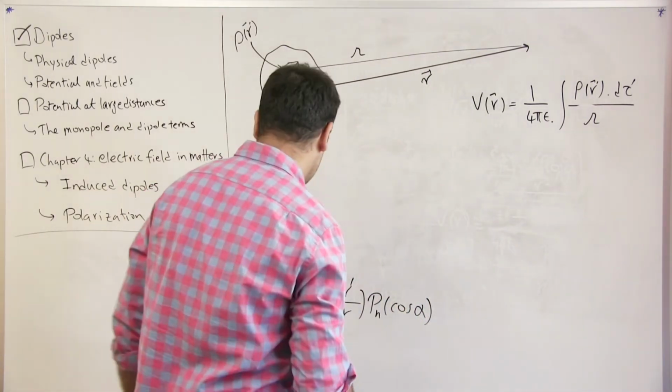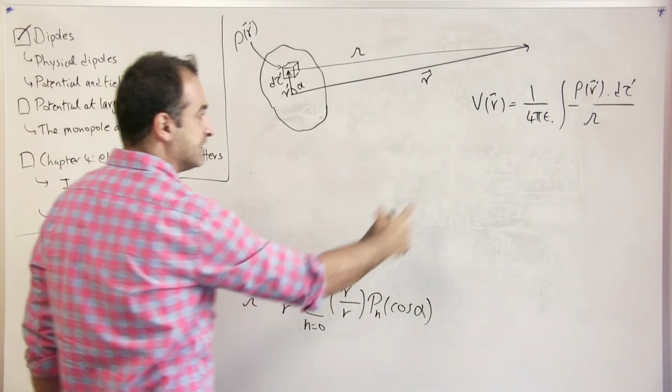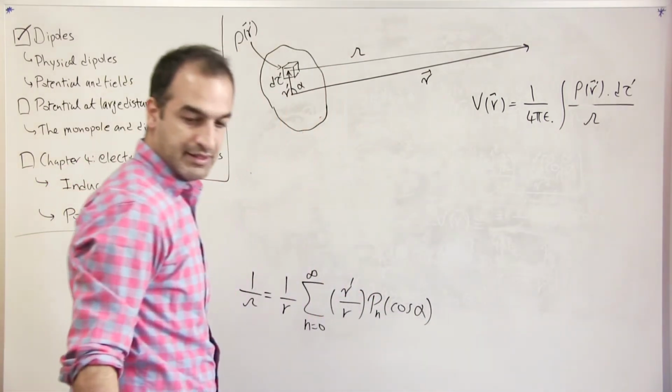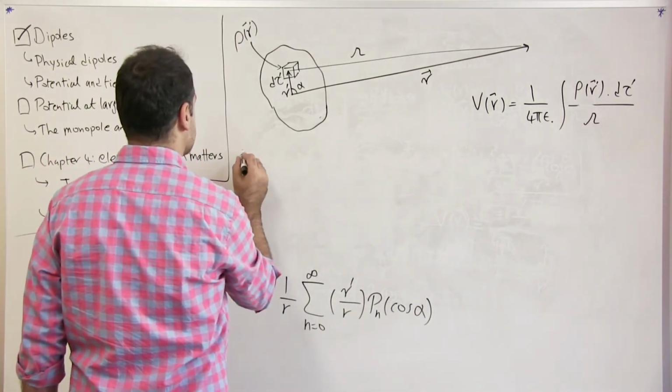Okay. And I want to put this 1 over r, calculated in terms of this series, back in this integral. So let's continue here.